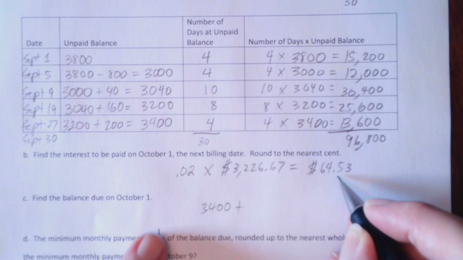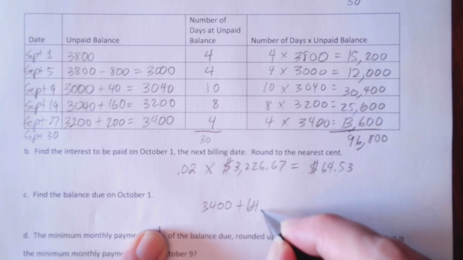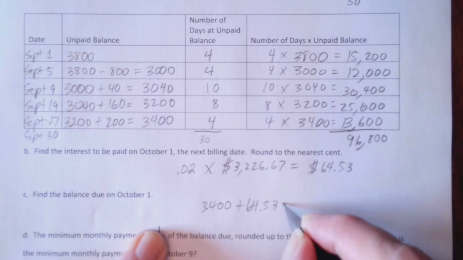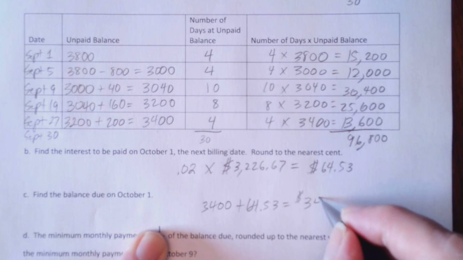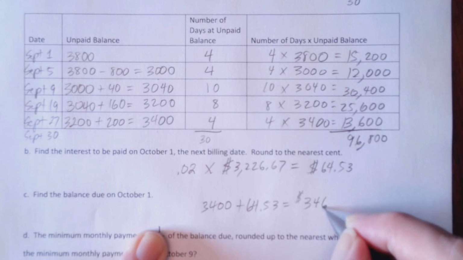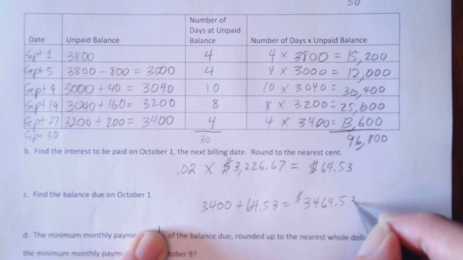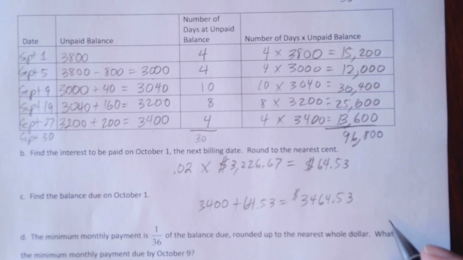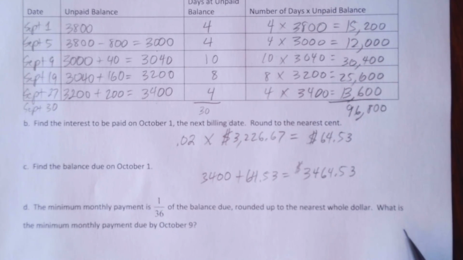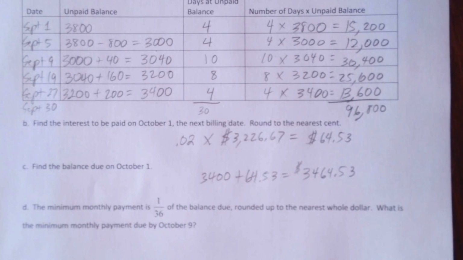Plus you're going to have to pay this interest for the month. And so you get $3,464.53. All right, so that's what you owe right now, assuming you can't pay it all in full.